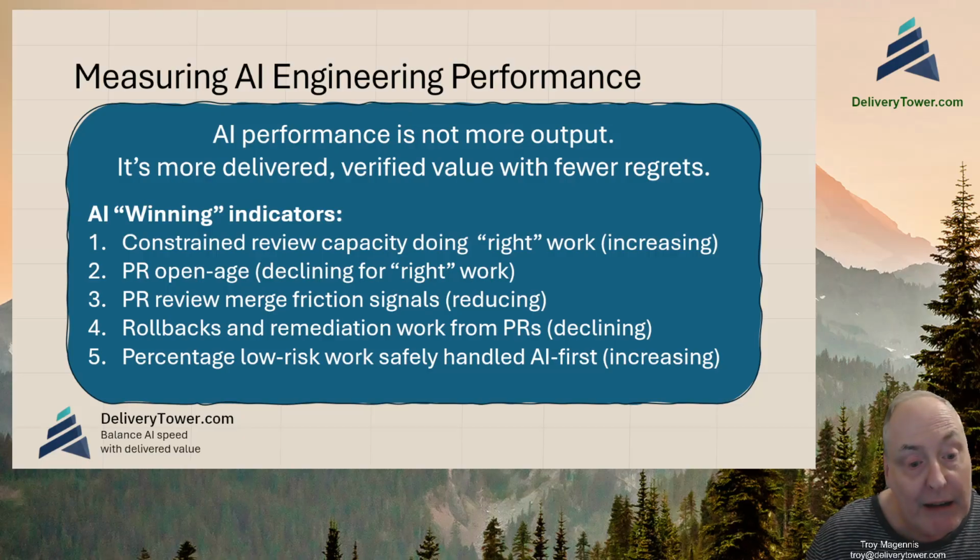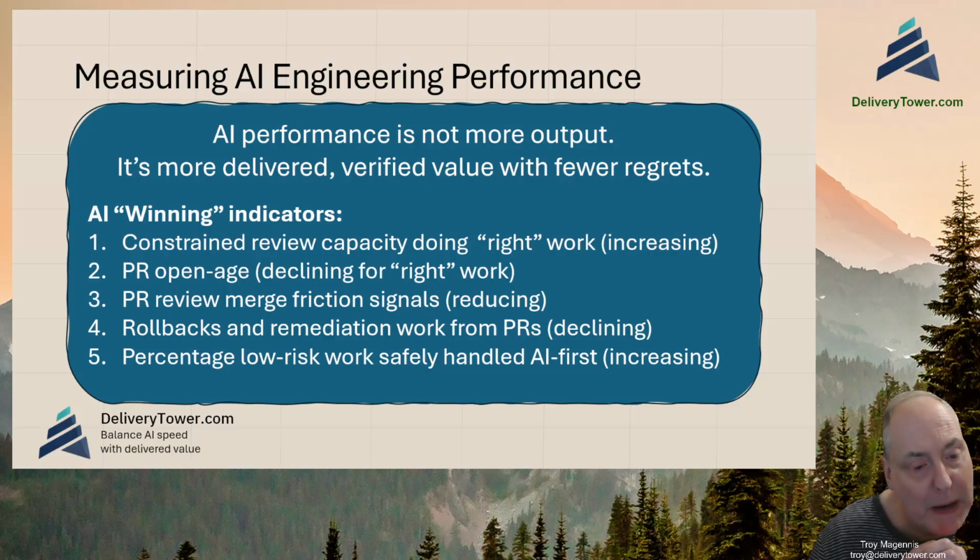Now, the other thing you want to make sure of is that, often, if there's a ton of pull requests, they might be merged prematurely. And the way you would tell that is the quality declines. So you want to see rollback and remediation work from those pull requests declining over time, as AI learns to code in a way that's acceptable and of high quality.